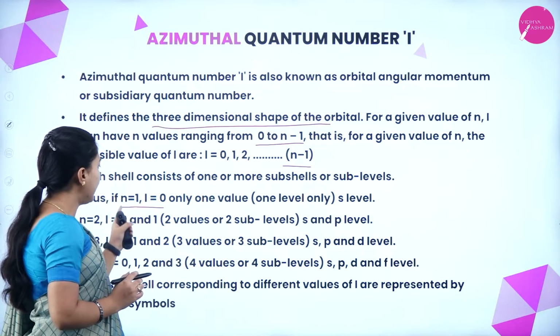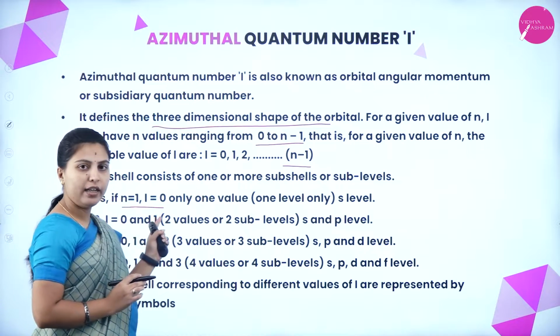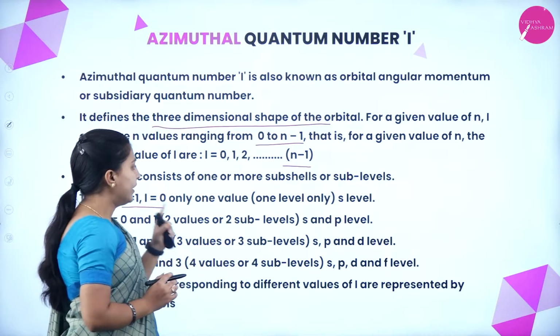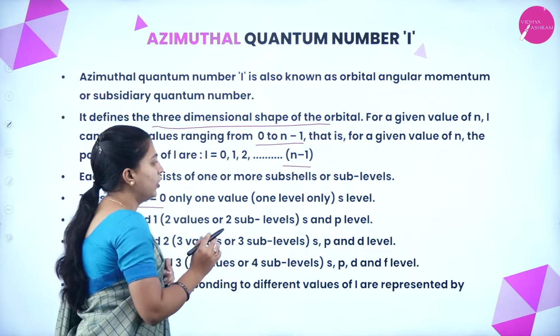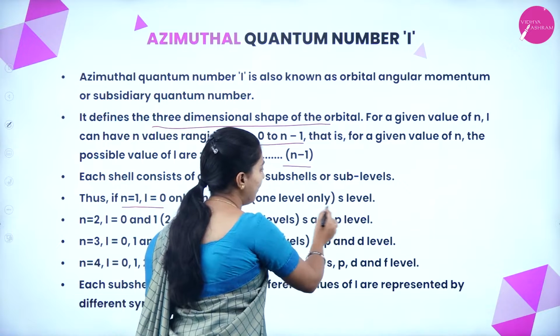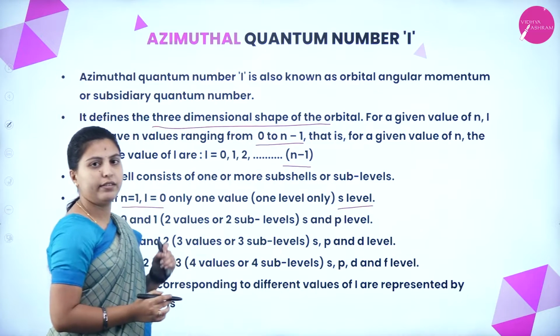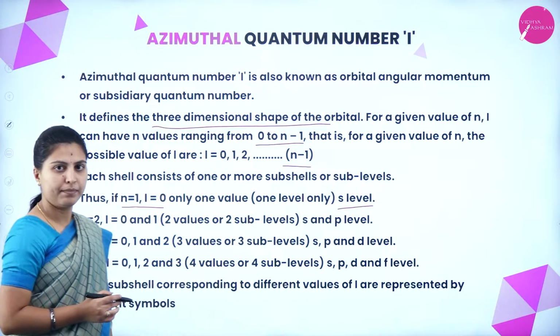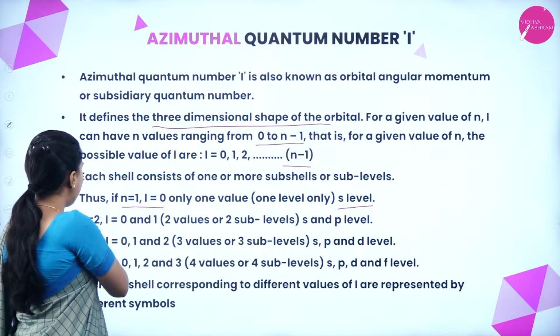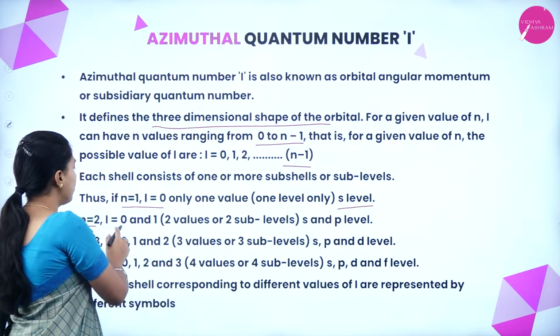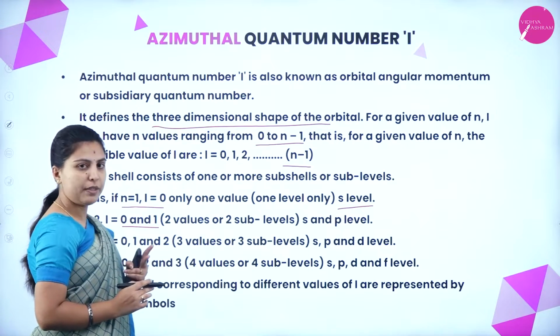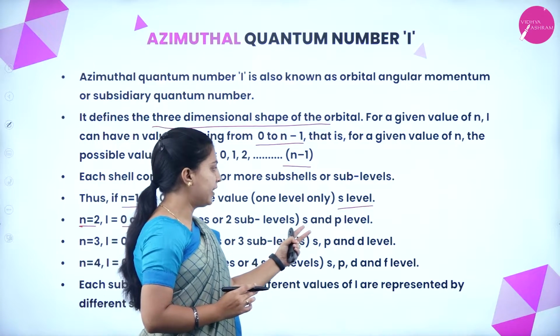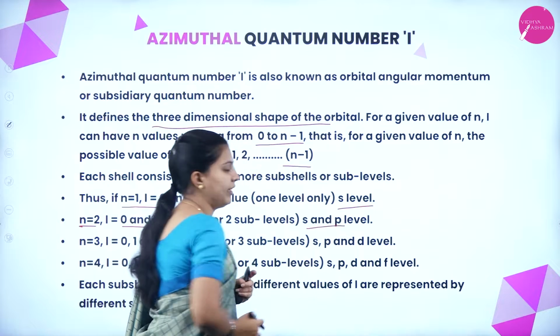When the value of n is 1, the value of l will be 0, so only one value will be there. Only one level will be present, that is the s level. When l equals 0, that level will be only s. When n equals 2, l equals 0 and 1. 2 values will be seen, like 2 sublevels, that is s and p level.